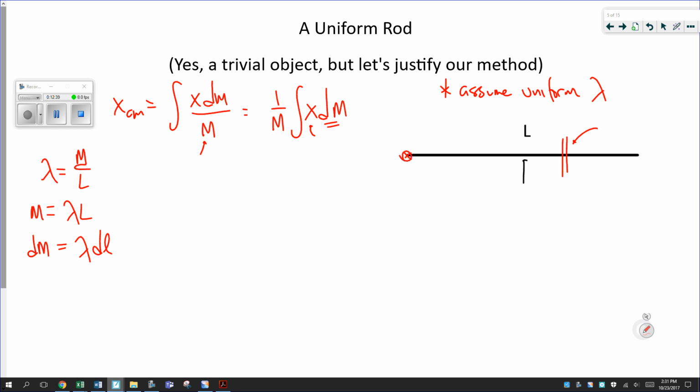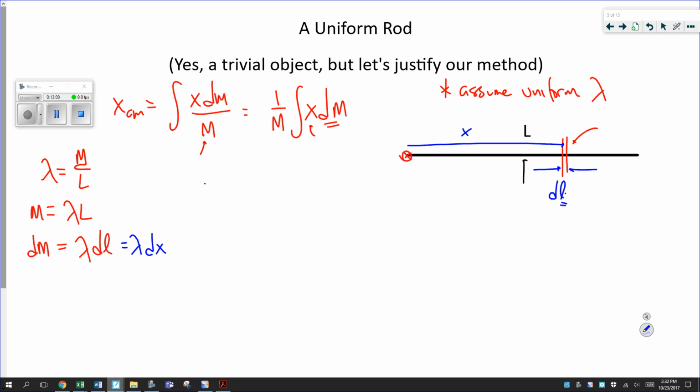Well, notice, here's a dl, a little tiny length. And here is x for that dl, and notice that dl is in the direction of x, so we can call it dx. All right, so I'm going to write this as lambda dx.